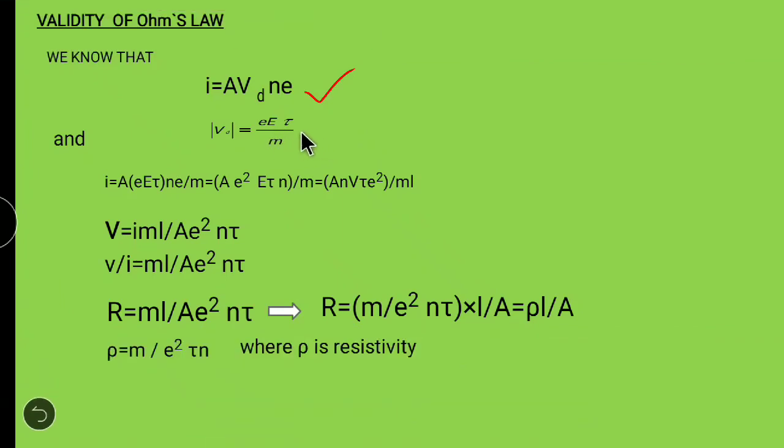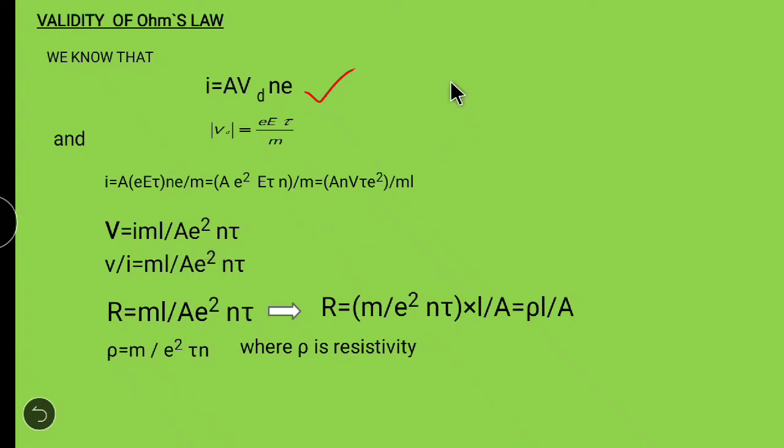Now vd is also known to us. These things we have found out earlier. vd is equal to small e capital E tau upon m. So we will put the value of vd into this equation, so we will get V is equal to I m L upon A e square n tau.